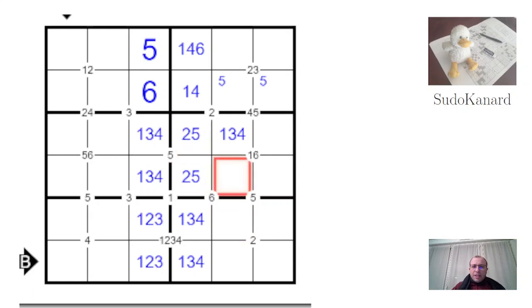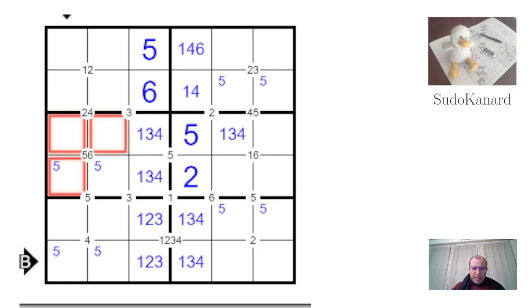Oh, 5 here. There's no 5 there. So there's a 5 somewhere here, so there's no 5 there. So there's a 5 somewhere here. It places this 2 and this 5. And there's a 5 down there. So that's something more.